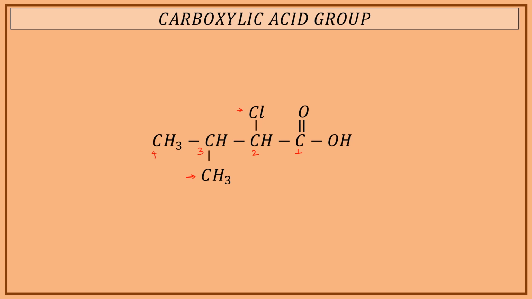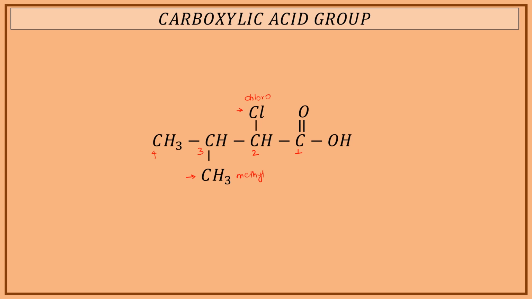So we have a chloro group on the second position and we have a methyl group on the third position. Now we will also recall that while writing the names of the substituents in the final name, we arrange them in alphabetical order. So chloro will come first, followed by methyl.